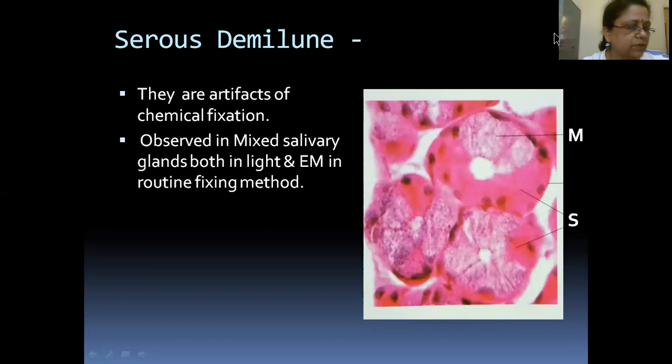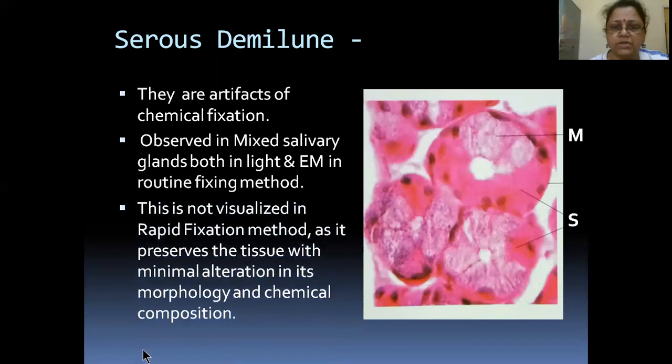But this is not seen in case of special staining. That is called the rapid fixation method. In the rapid fixation method, serous demilune is not observed because it preserves the tissue with minimal alteration in its morphology as well as chemical composition.